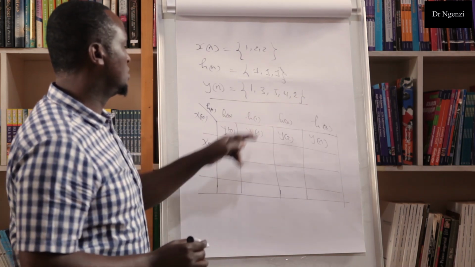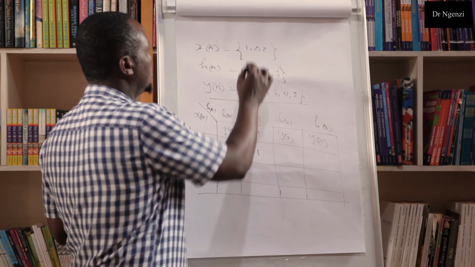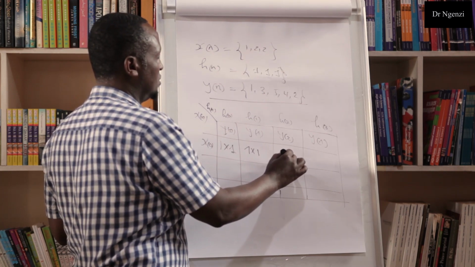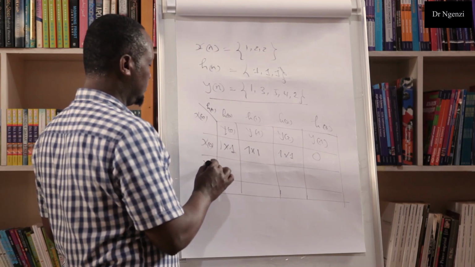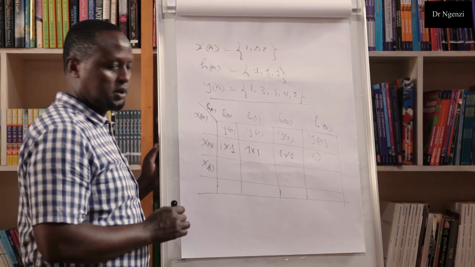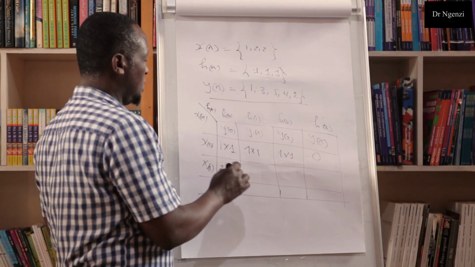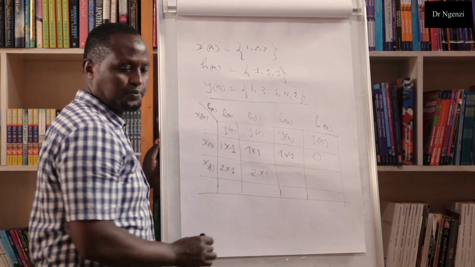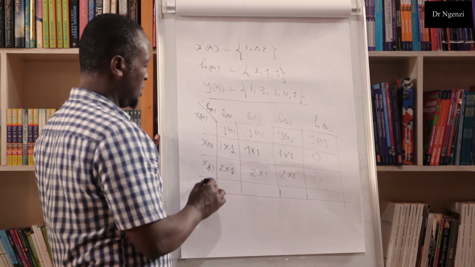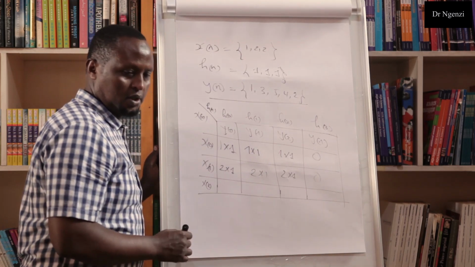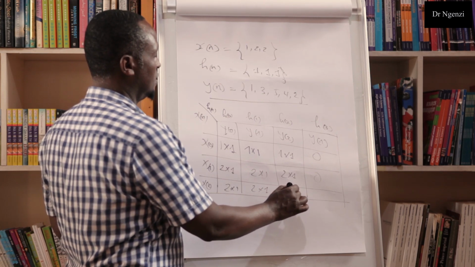Then x0 by h1 is also 1 times 1. Here nothing else. At x1 it is going to be 2 times 1, then 2 times 1 again, and 2 times 1, and then the other one is going to be 0. At x2, the cells are going to be 2 times 1, 2 times 1, 2 times 1, and 0.